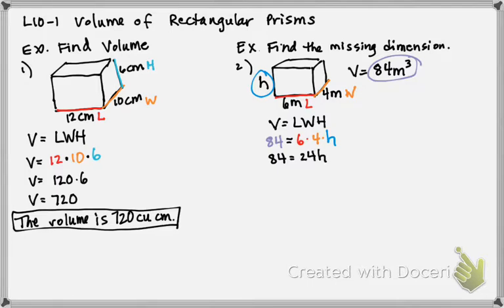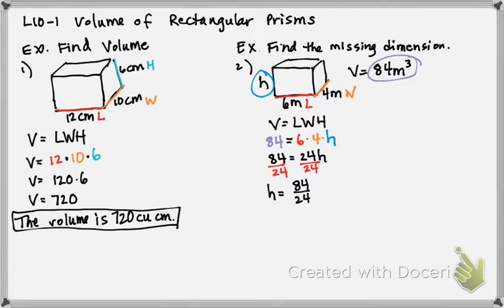Now this goes back to our chapter 7 when we're solving equations. So in order to solve this, we're going to divide both sides by 24. Now 24 doesn't go into 84 evenly. I am going to use my symmetric property, and I get h equals, and then I'm going to start simplifying.